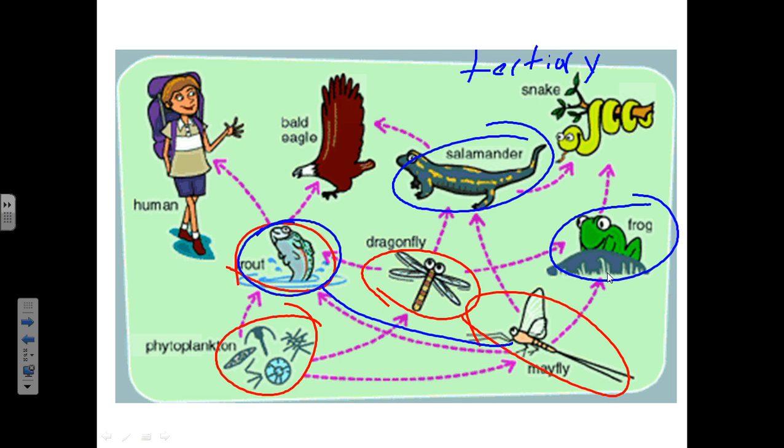The salamander gets eaten by the snake, but also by the eagle. The trout gets eaten by the eagle, also by the person. So that's more what it looks like in the real world. Food web instead of food chain. And remember, the arrowheads point to the thing that's doing the eating.